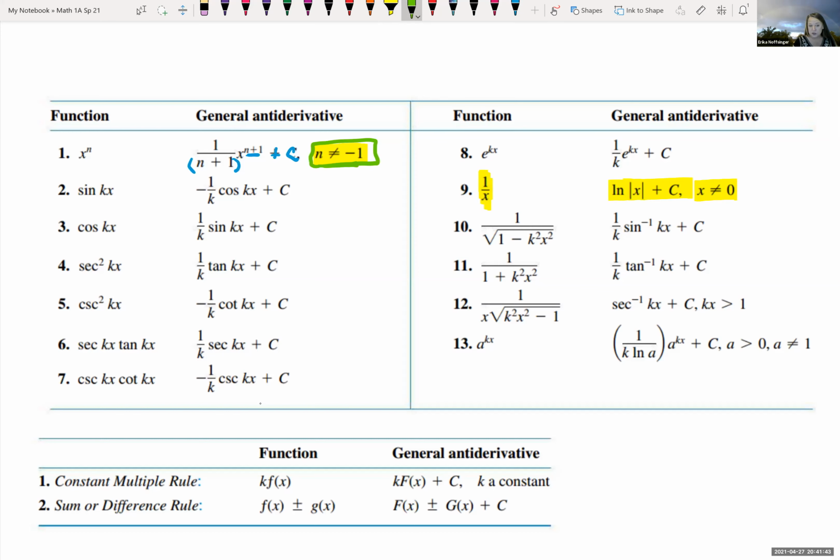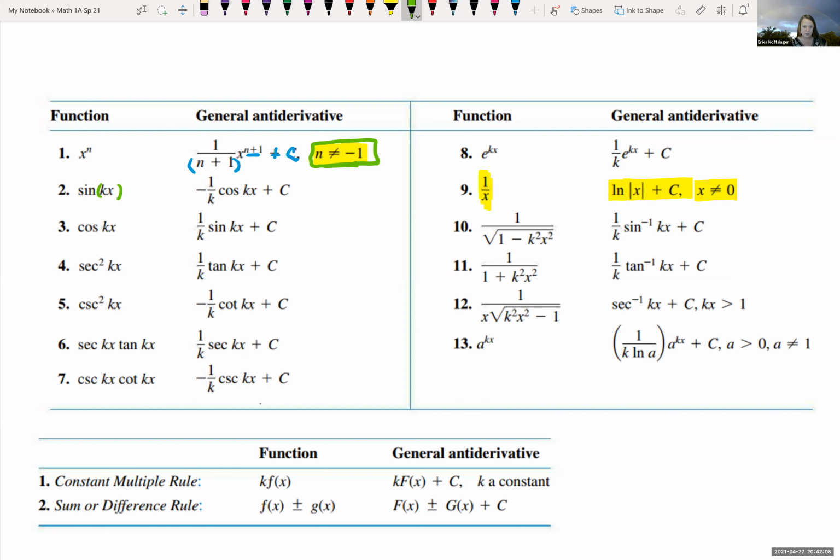We talked about the trig functions a little bit, but we didn't talk about it with having some coefficient times x. So like this sine of k times x. Well, when we take the derivative of something where the argument is not just the variable, you have a coefficient in front of that variable, we had to apply the chain rule.